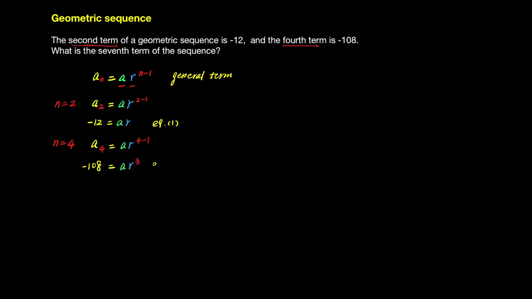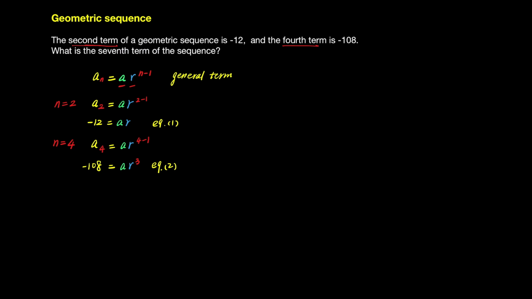So this is our second equation. Now we have two equations. We can solve two unknown variables, which are a and r. How do we solve it? We'll use the division of these two equations to eliminate one of the variables. This will allow us to solve for the other.